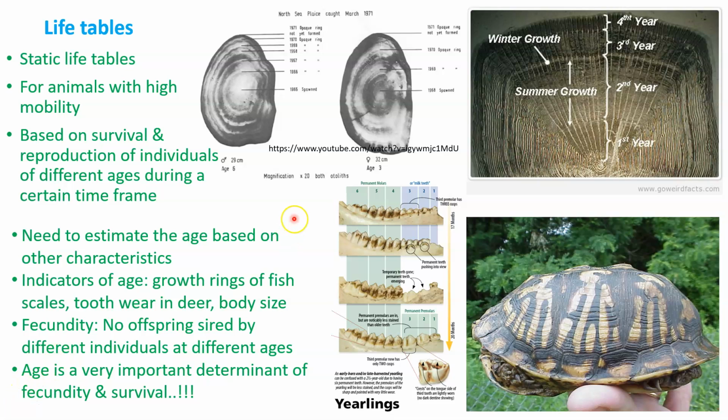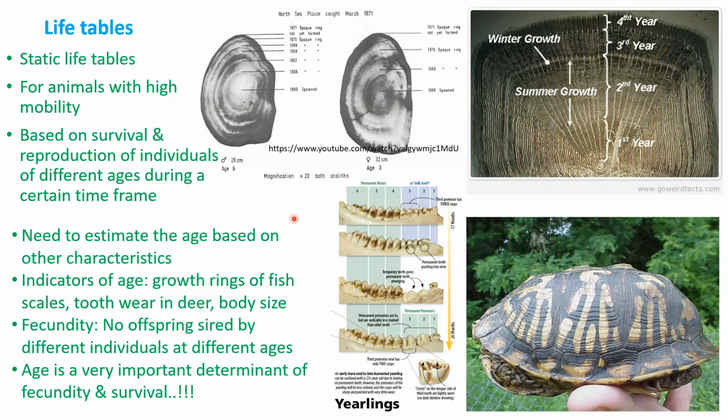So in this case, you go to the field and employ a particular sampling strategy, a trapping technique or an active survey technique, and capture individuals. Then the biggest challenge is how do you determine their age? In your lab, luckily, you are looking at humans, so you can look at the tombstone, right? For animals, you have to have some other method to estimate the age of an individual that you capture.